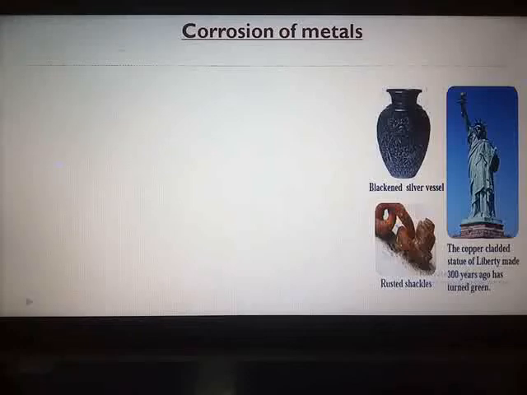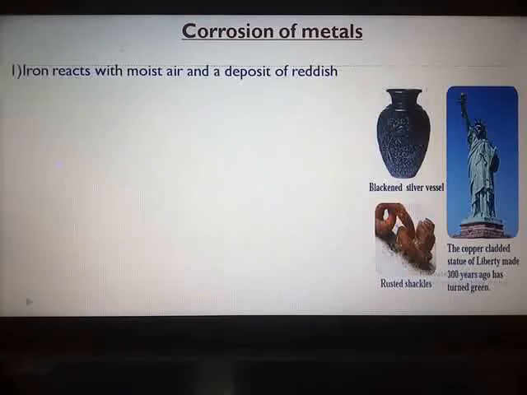Now you know that rusting of iron articles causes large financial loss. Thus, the corrosion of iron, that is rusting, is a very big problem in India, where we have different grills or doors which are made up of iron. After all, corrosion is a harmful chemical reaction. Different examples we will see.